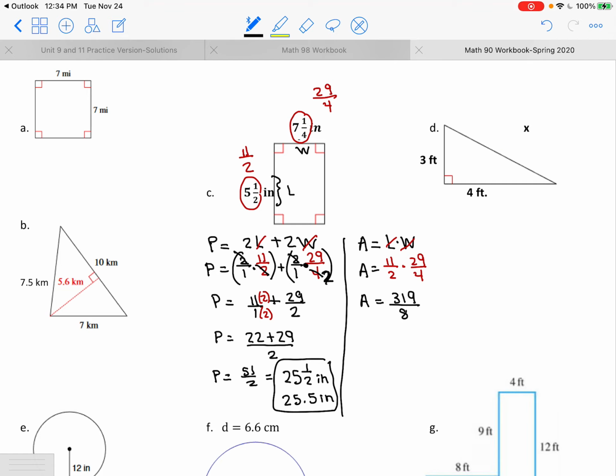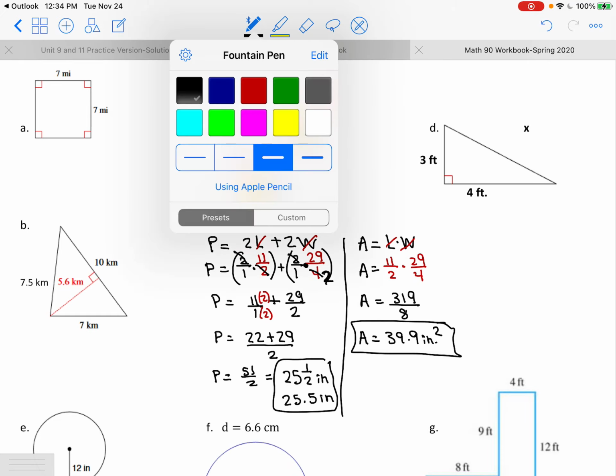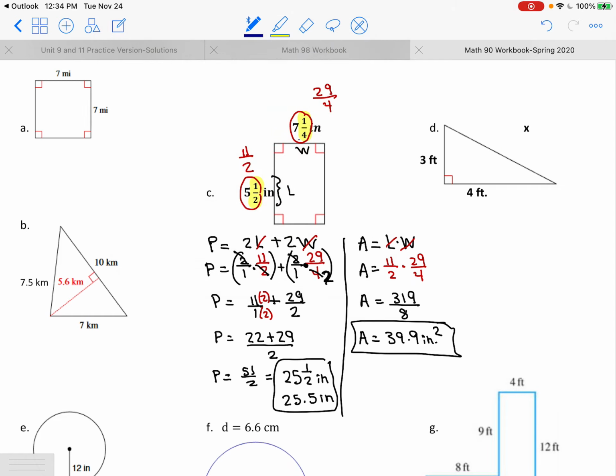That just doesn't make sense, does it? So we would use our calculator and get 39.9 inches squared, because we're talking about area measurements. Now, I want to say right up front that since your fractions here terminate, 1/2 and 1/4 terminate, you could have done this entire problem using decimals.